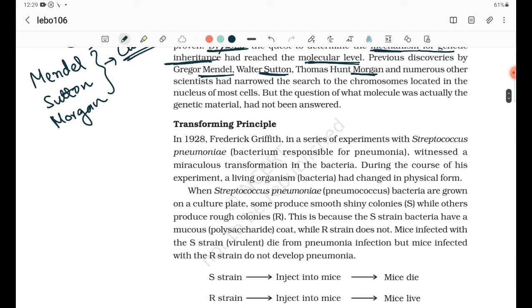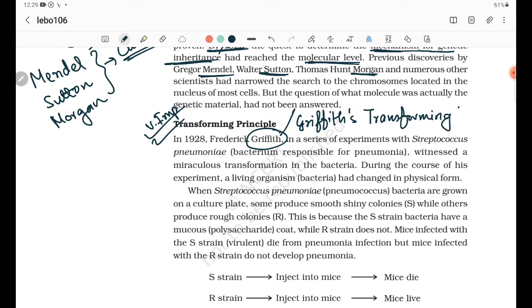Now comes the transforming principle, very, very important. We call it Griffith's transforming principle. It is a series of experiments.